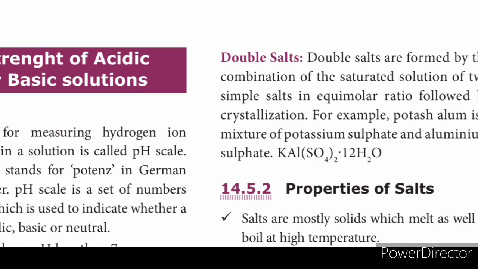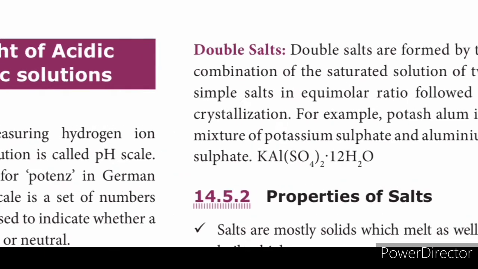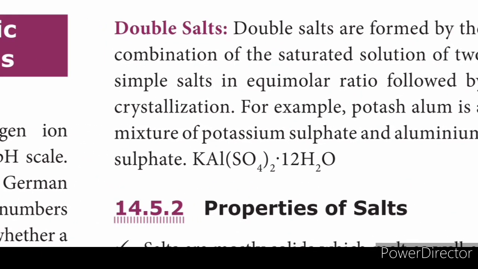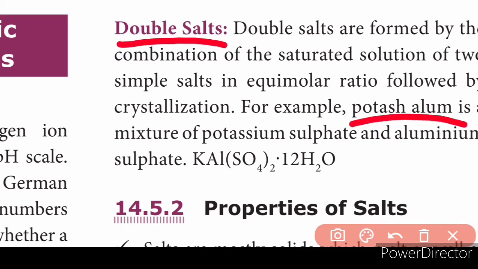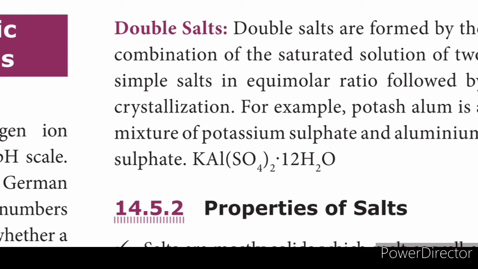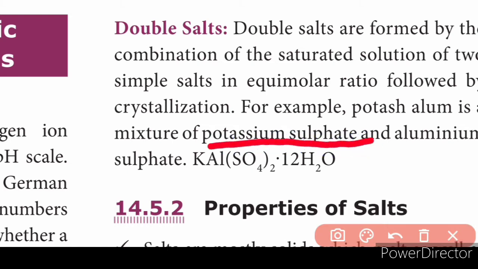So for example, potash alum is a mixture of potassium sulfate and aluminum sulfate. The example for double salt is potash alum. It is a mixture of potassium sulfate, K2SO4, and aluminum sulfate, Al2(SO4)3.